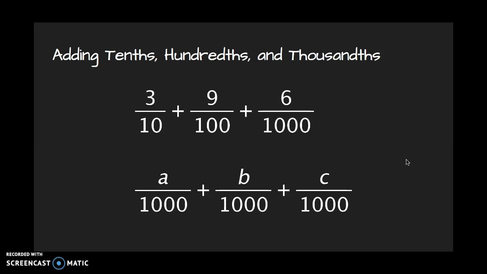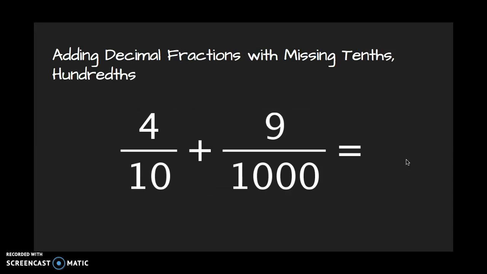So you would end up with 300 over 1,000. And that's going to be plus 90 over 1,000 if you multiply 9 over 100 by 10. So it's 300 over 1,000 plus 90 over 1,000 plus, and then that 6 is not going to change because it's already over 1,000. So it's plus 6 over 1,000, and that's going to give you 396 over 1,000.